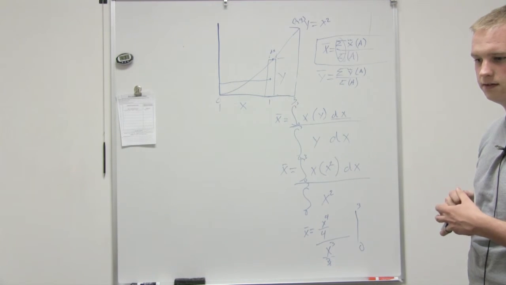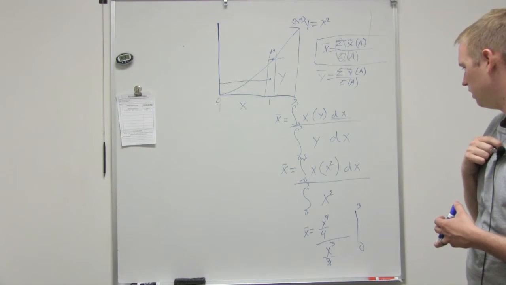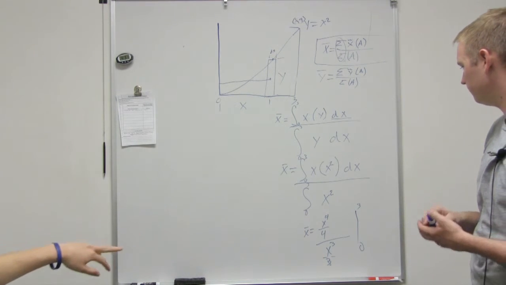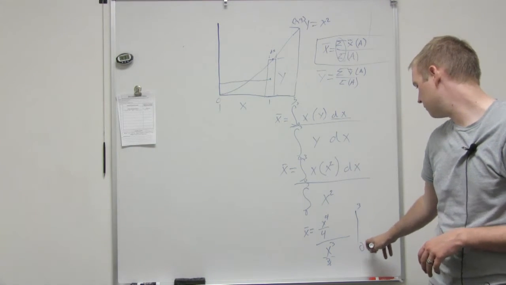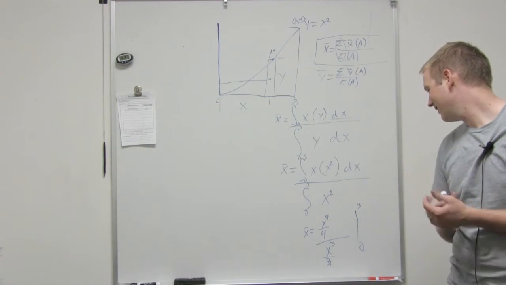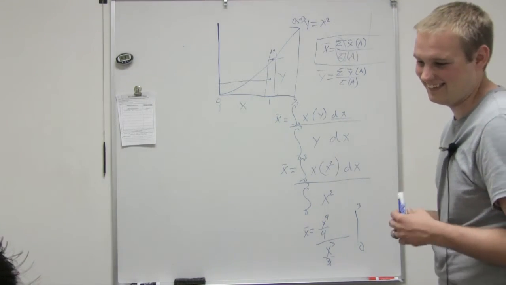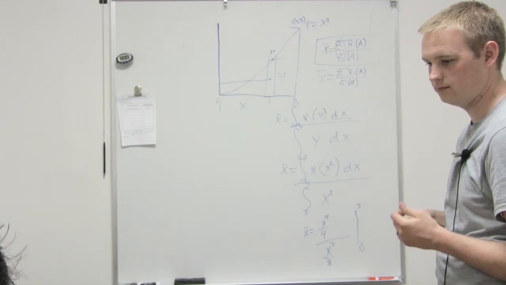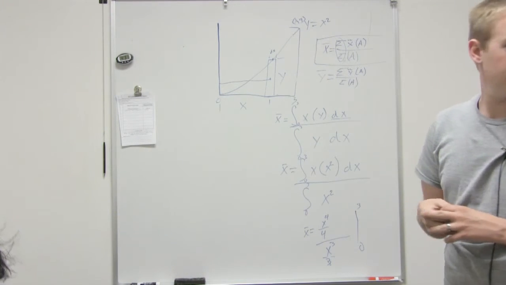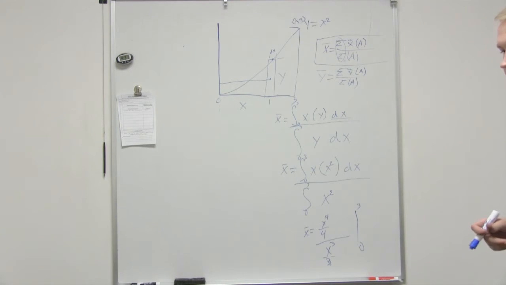This is 3 to 0. Oh, no, we substitute those in for the x's. So 81 divided by 4, 27 divided by 3. I got 2.25 for x bar.